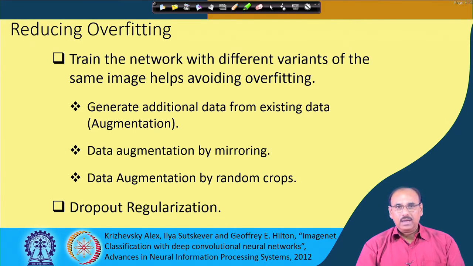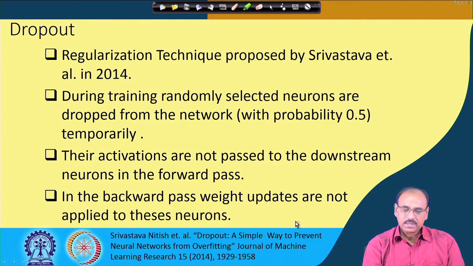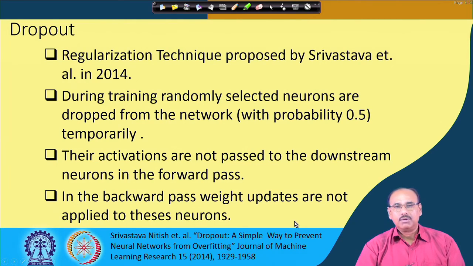The other way this overfitting problem was reduced is by taking a regularization approach, where the regularization was a dropout regularization. So let us see what this dropout regularization is. It is a technique proposed by Srivastava et al. in the year 2014.